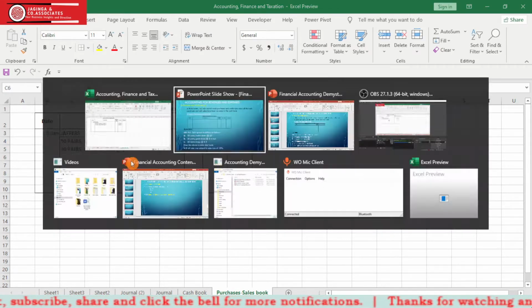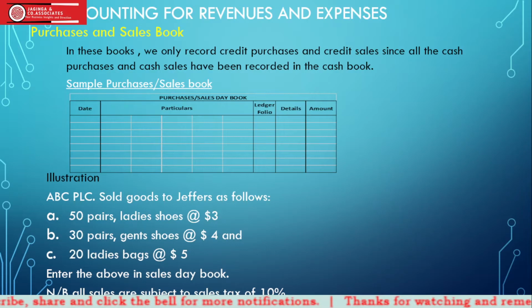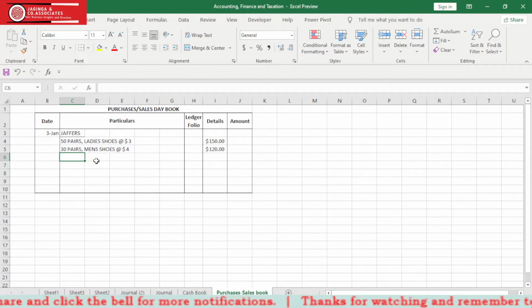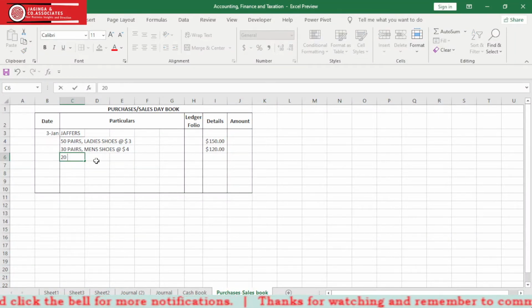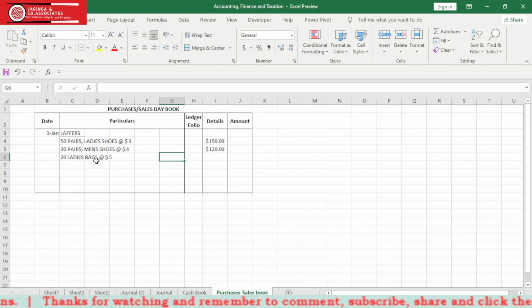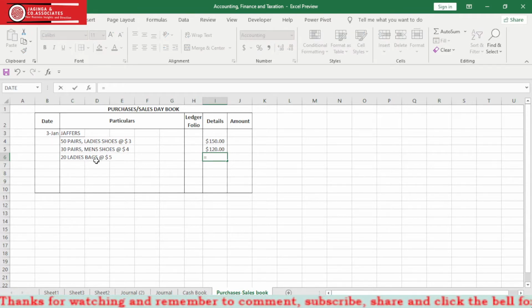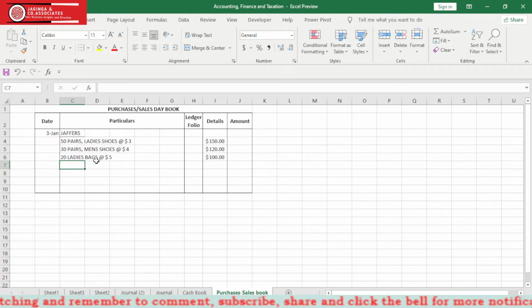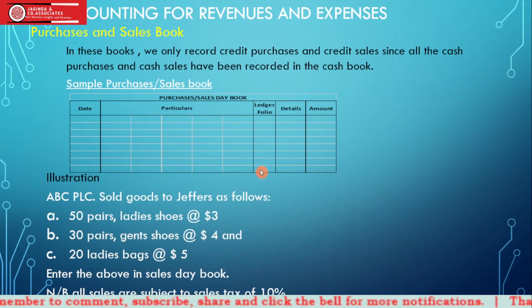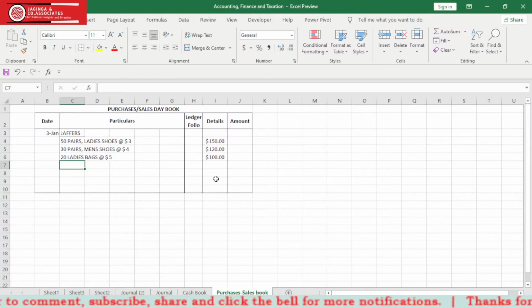And then lastly, we are selling 20 ladies bags at $5 per bag. So this will be 100. So it is equal to 20 times 5. Then we are being told that we also have 10% sales tax, but before we do the 10%, we must get the total amount here before tax.